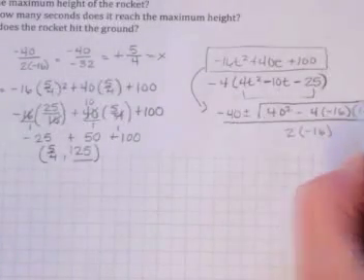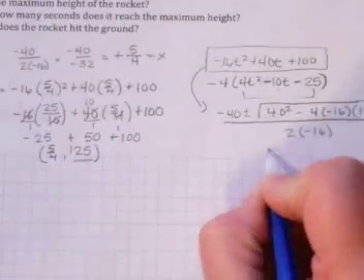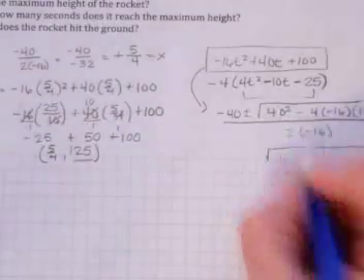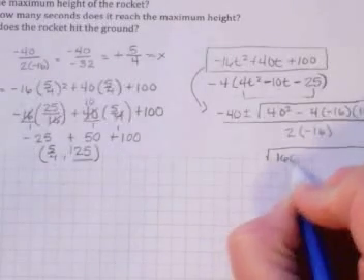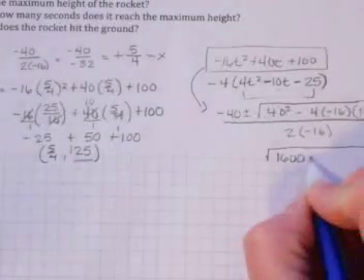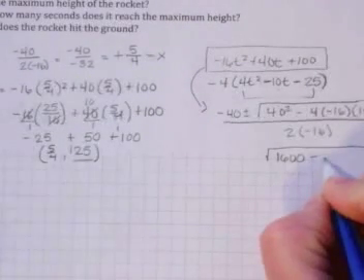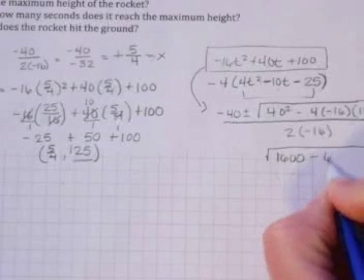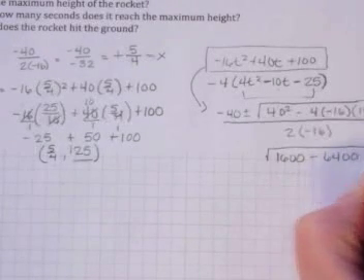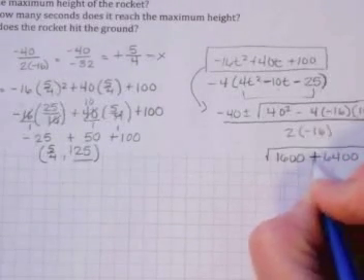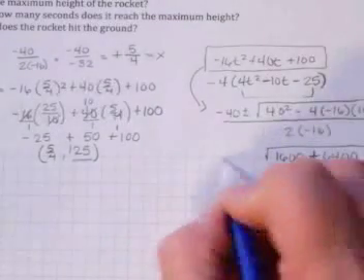So I have to sort out what's underneath my radical sign, my discriminant first. So 40 squared is 1600, and 4 times negative 16 times 100 is negative 6,400. So since it's negative, that changes the sign there.